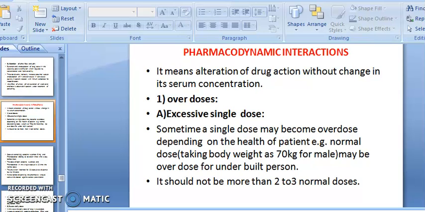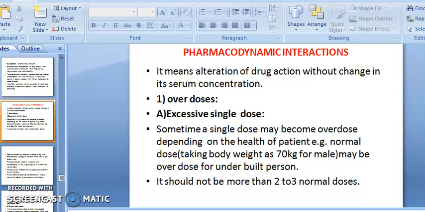Overdose. What happens in overdose? Excessive single dose. Sometimes a single dose may become an overdose depending on the health of the patient. For example, a normal dose taken at a body weight of 70 kg for a male may be an overdose for an underbuilt person.